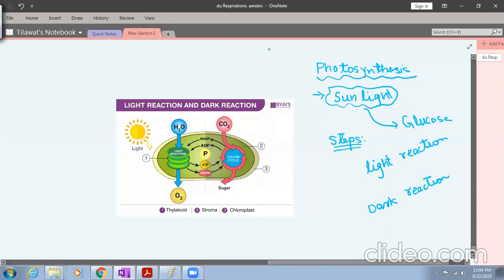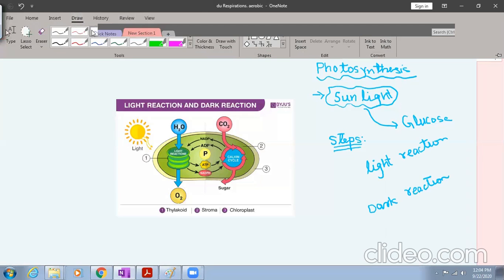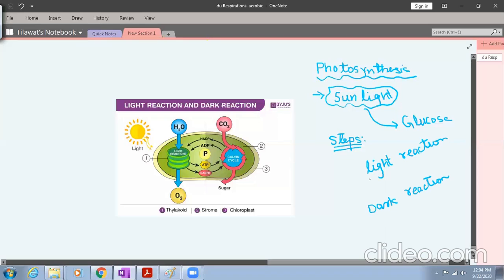So what will happen in light reaction of photosynthesis? In light reaction of photosynthesis, the light will fall on the grana. Sunlight will fall on the grana part of the chloroplast, and that light energy will convert into ATP and NADPH.